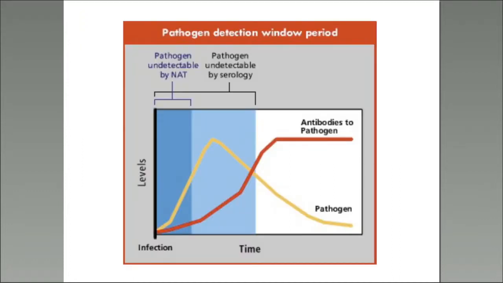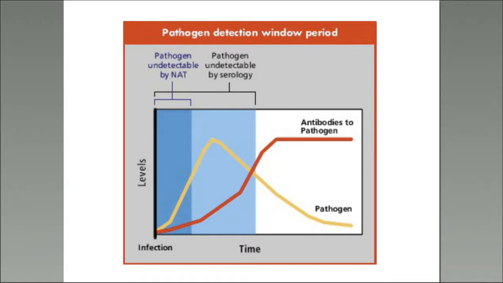So this is the window period of either serology testing or of NAT testing, and it just shows what window period means. The x-axis is time, usually in days, and the y-axis is viremia for the yellow line, and for the red line, it's antibodies.